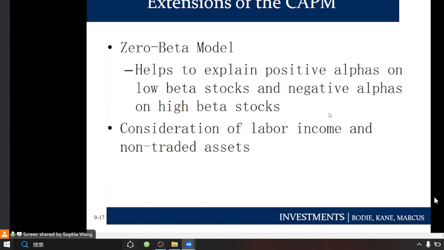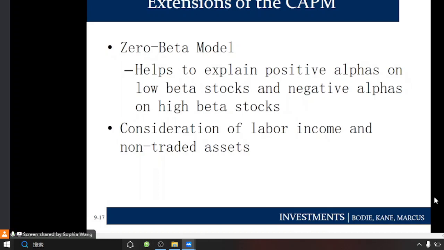Okay. So many researchers have already done extensions of the CAPM. We can add some factors, because the original CAPM is very ideal. In this case, we can consider more factors in the model.